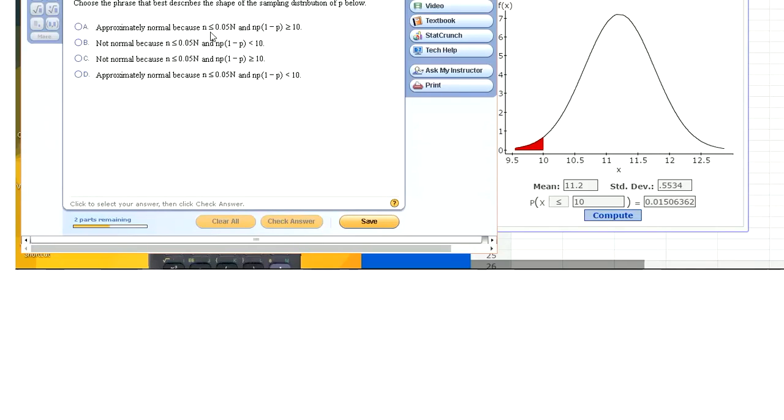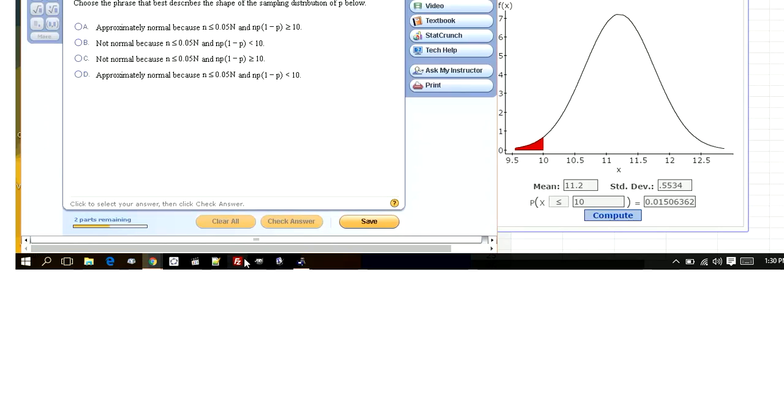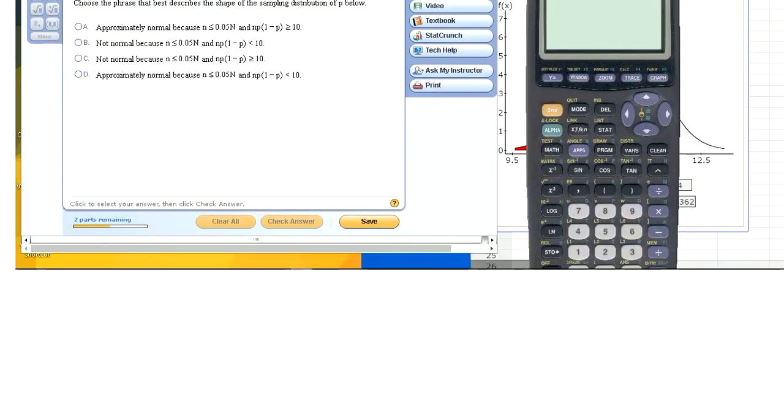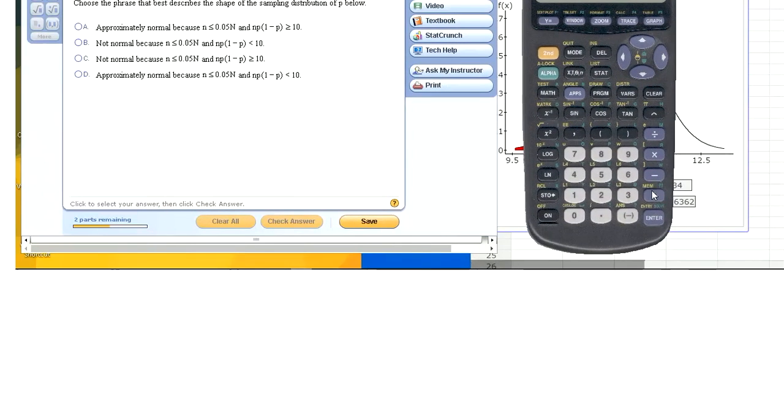So the rule of thumb is as long as your sample size isn't too big, let's go back to our calculator. 0.05 times the population, 20,000. As long as your sample size isn't more than 1,000, that would be too big. And we would expect this number to be at least 10.